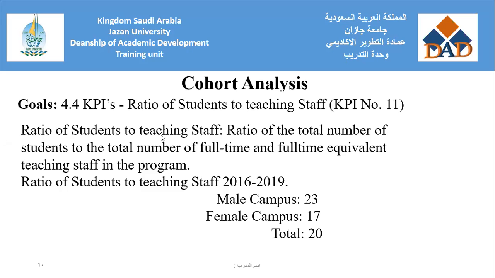Ratio of students to teaching staff is the ratio of the total number of students to the total number of full-time and full-time equivalent teaching staff in the program. Whatever we have in the department, our demonstrators, our teachers, lecturers, teaching faculty, we can use.